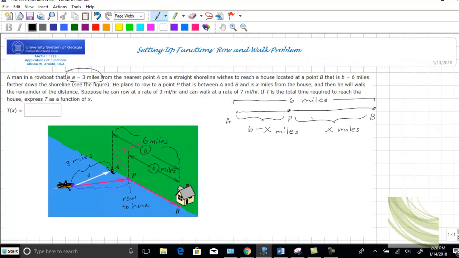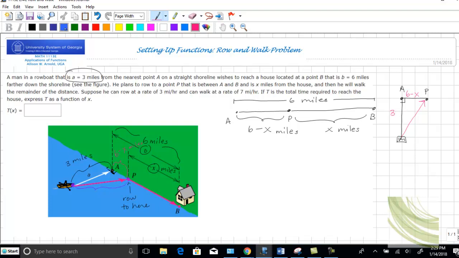Okay, now likewise in the right triangle made from the boat, so here's the boat, to the point A on the shore, presuming he is rowing to the point P, would have one leg 6 minus x and one leg the given 3 miles.